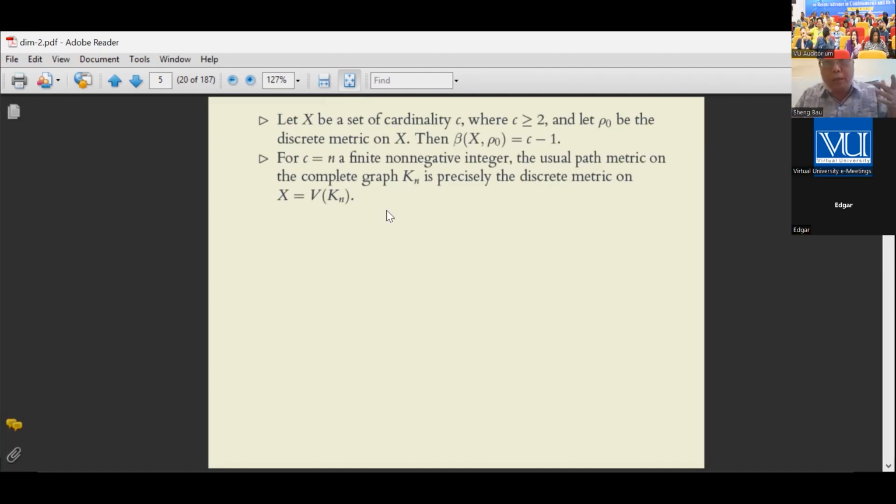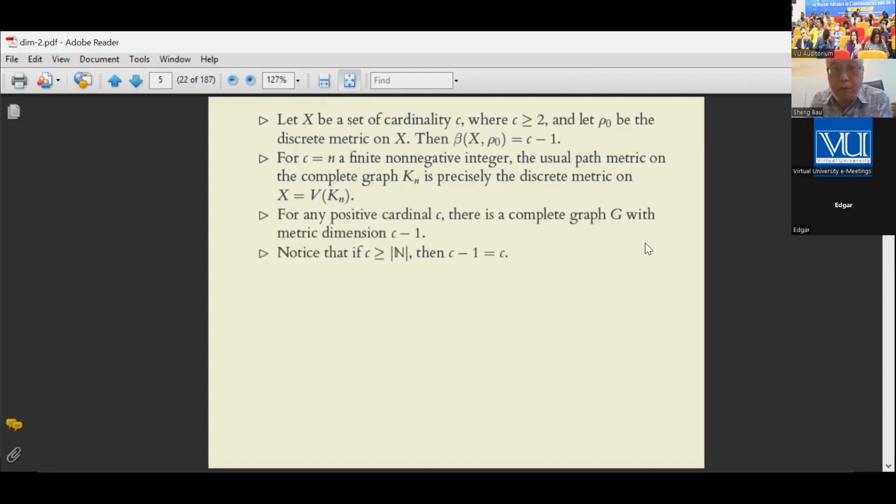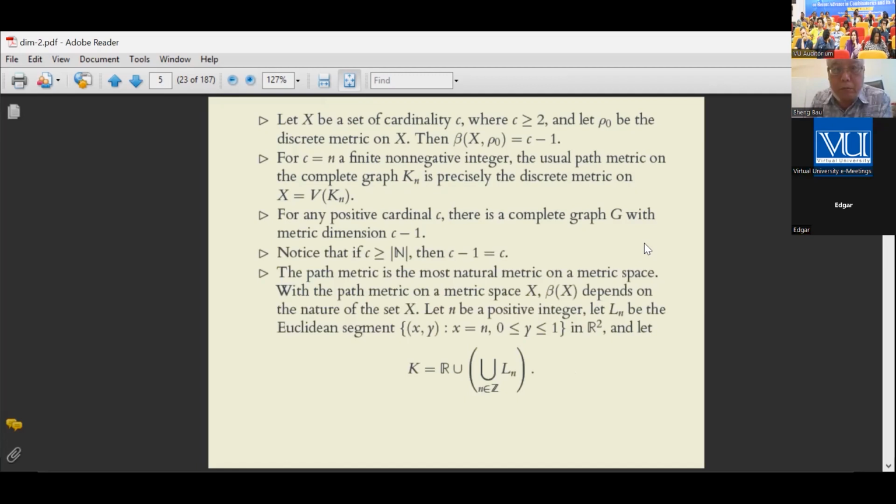That is one example, and the same statement is true for any cardinality. For example, if the cardinality is infinite, then C minus 1 is equal to C, and there's nothing much about that.